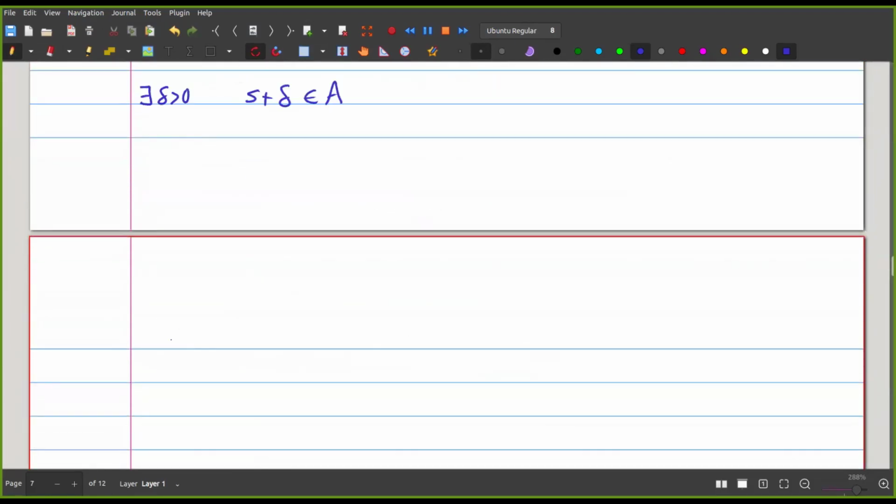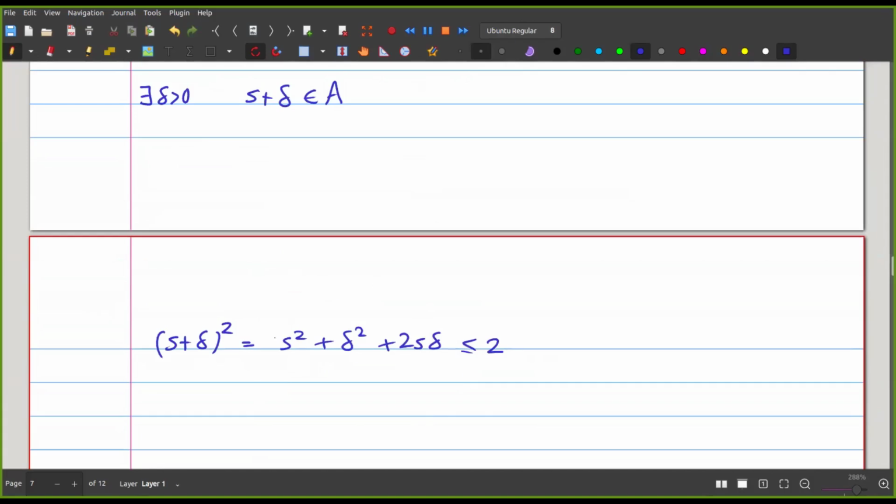So let's see. I have (S plus delta) squared, and this is just going to be S squared plus delta squared plus 2S delta. And I want this to be less than or equal to 2.